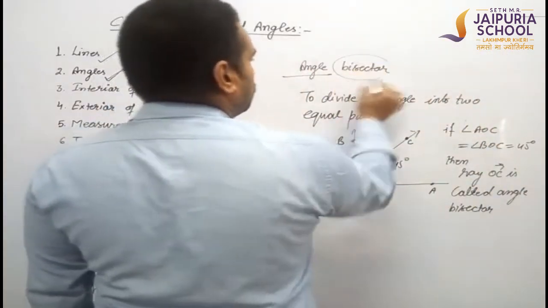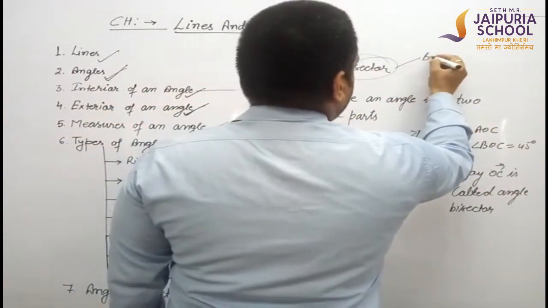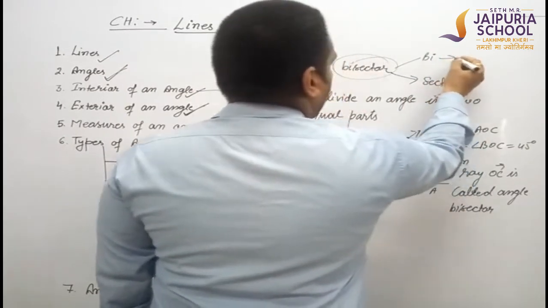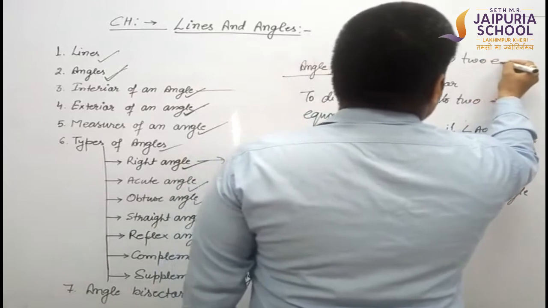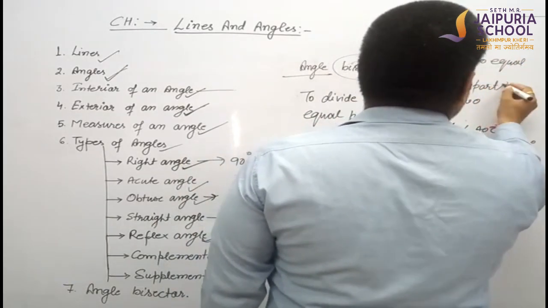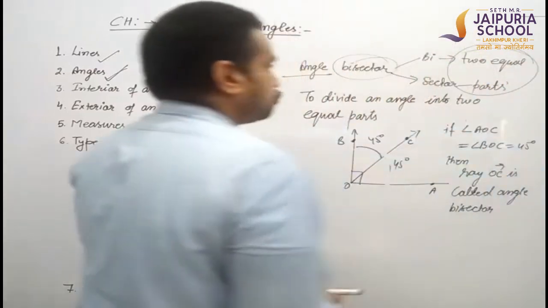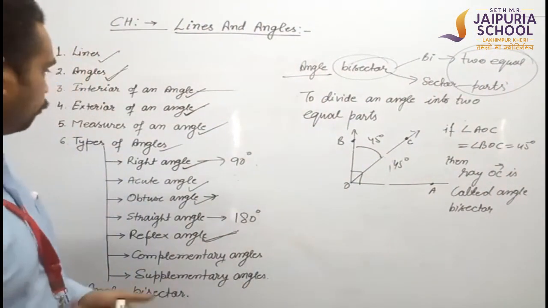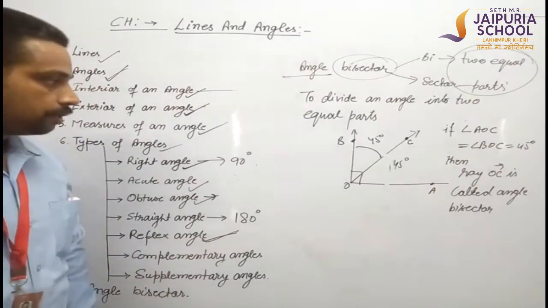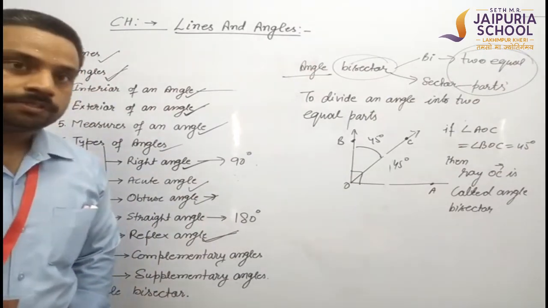Now keep this in mind: here two words, bisector. Bi means two, equal, and sector means parts. So two equal parts. I hope that this topic is clear to you, and we will do several questions based on these topics.